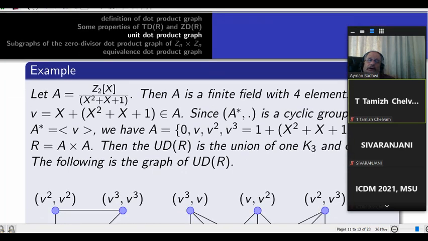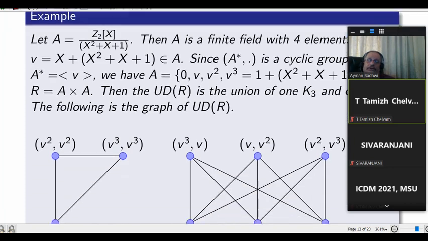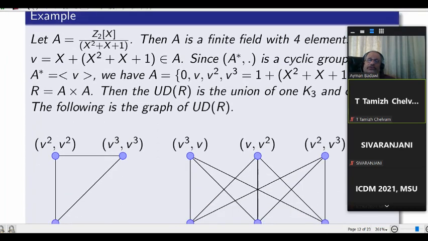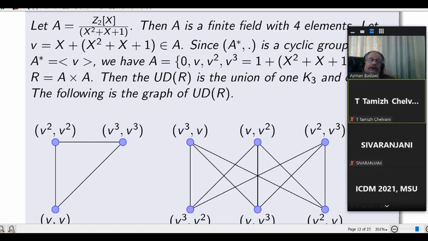And here is the shape of the unit dot product. We have two components. One of them is complete, as promised by the theorem, and the other one is complete bipartite. The one on the left is the complete one, and the one on the right is the complete bipartite.